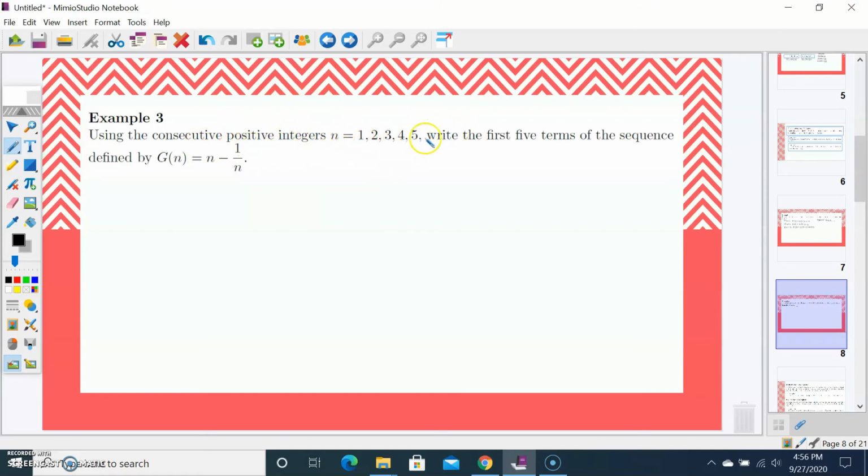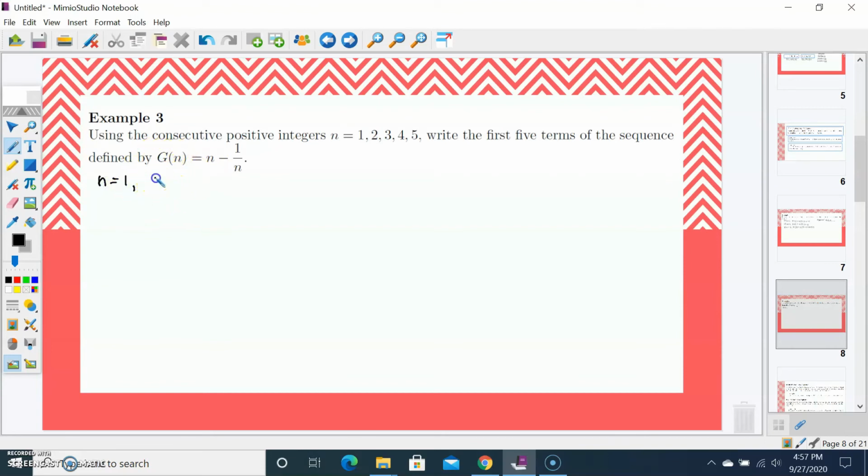So we're going to use all of this, gagamitin natin ito to find the corresponding terms in our sequence. Okay, so let's start with n, which is equal to 1.